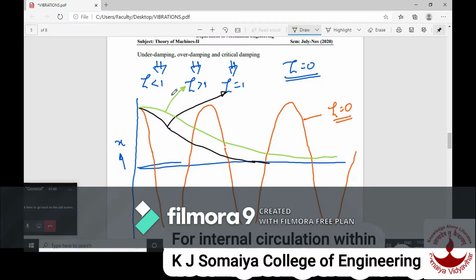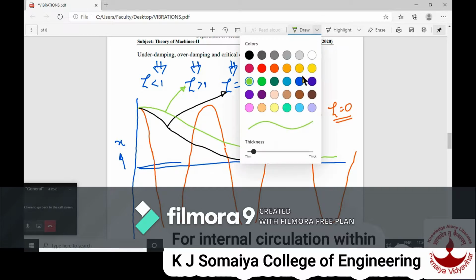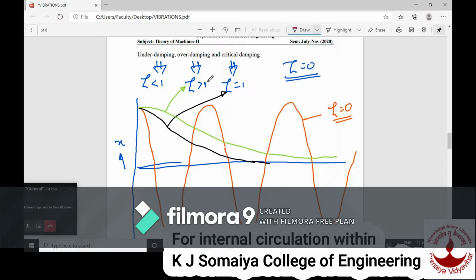This is called overdamping. Now there is one more type of oscillation possible, called the underdamped system. And in nature, in most cases the systems are underdamped systems only. So the underdamped system performance will be something like this.